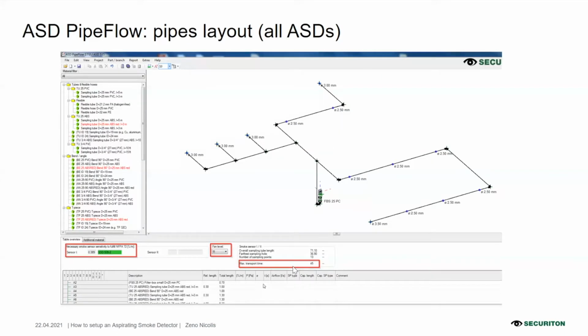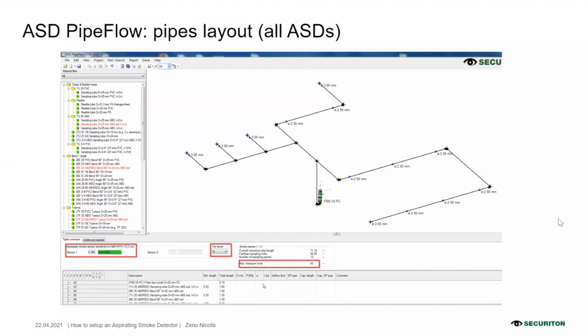Okay, now we move on to design with the ASD PipeFlow software. That is for asymmetrical configuration, for design according to NFPA, so not only EN 54, and when using any other accessory in our catalog. Of course, this procedure can also be used for symmetrical configuration.